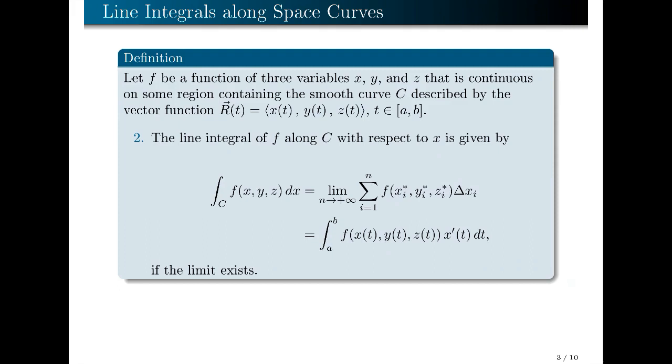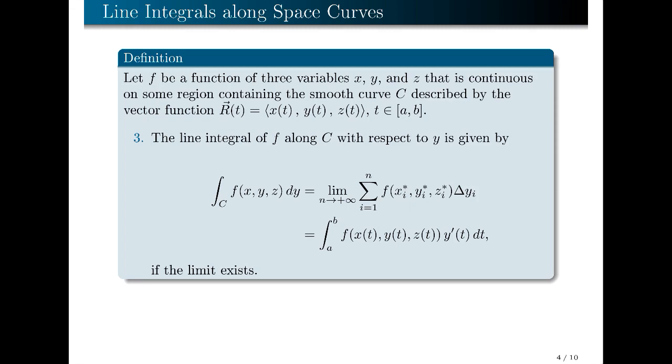The notation is the same as before, where instead of f of xy, we have f of xyz. In addition, we can still write this line integral as a definite integral with respect to t. We have the integral from a to b of f of x of t, y of t, z of t, multiplied by dx, which is just x prime of t dt.